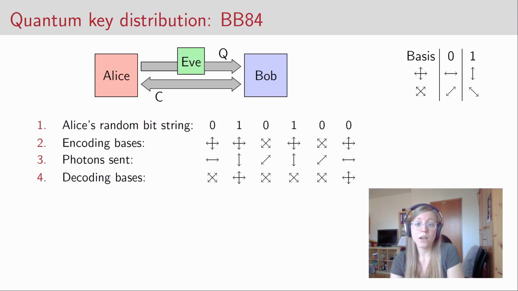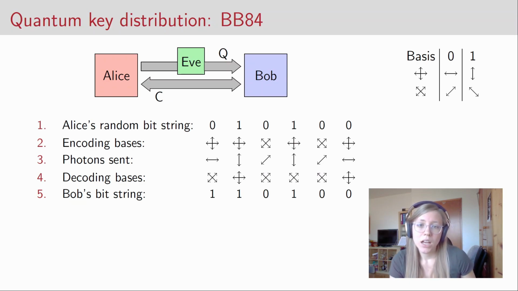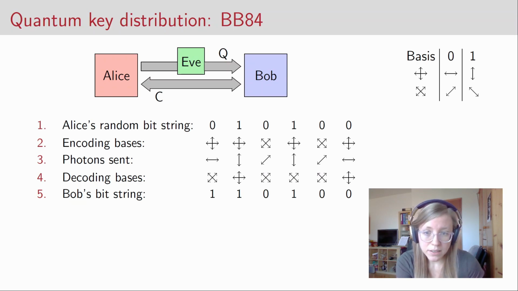Bob chooses, again randomly, the decoding basis he wants to use and decodes the state Alice has sent. He also gets a bit string, but now, as you can see, if you consider the first bit, Alice has chosen the rectilinear basis to encode the bit, but Bob has chosen the diagonal basis to decode the bit. So even though Alice intended to send the bit 0, Bob has received the bit 1.